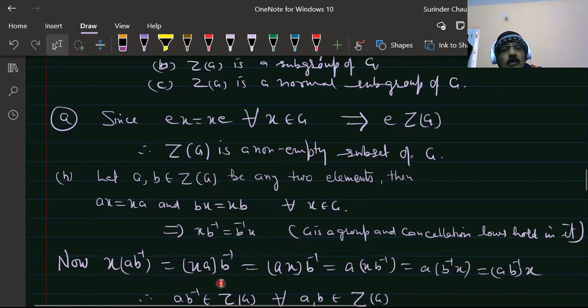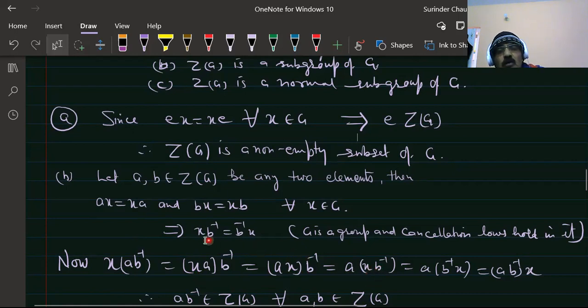Because A belongs to Z(G) and x belongs to G, xA is equal to Ax, so this is Ax into B inverse. Again, A x B inverse belongs to G, and B inverse also belongs to G.